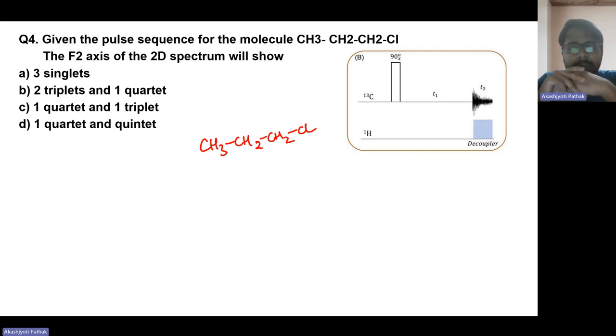So we had studied the n+1 rule and when to apply it. So we see that there are three different protons in this case. There is a methyl proton, then there is a methylene proton, and there is another methylene proton, but this is coupled to the chlorine atom.